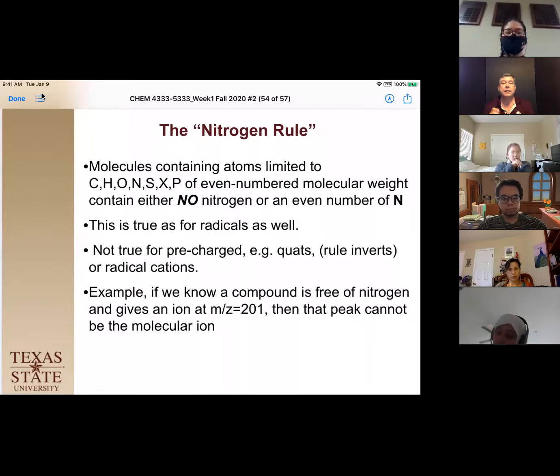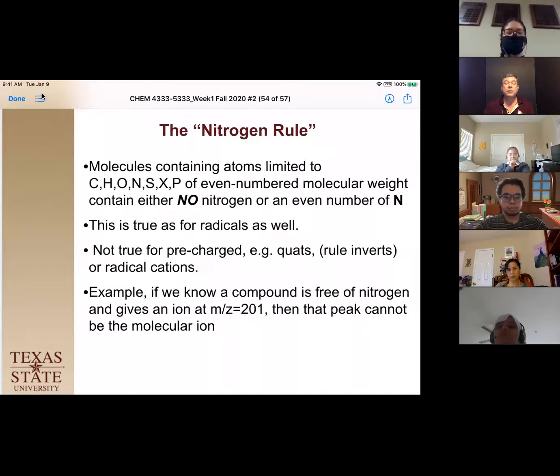So this is not particularly true for things that already have quaternary ammonium salts in them or radical cations. So if you know you have a radical cation or a quaternary ammonium salt, this rule would not apply. But it's a really nice general rule to say, oh, it's an odd number, I might have a nitrogen in there, specifically for a parent ion peak.